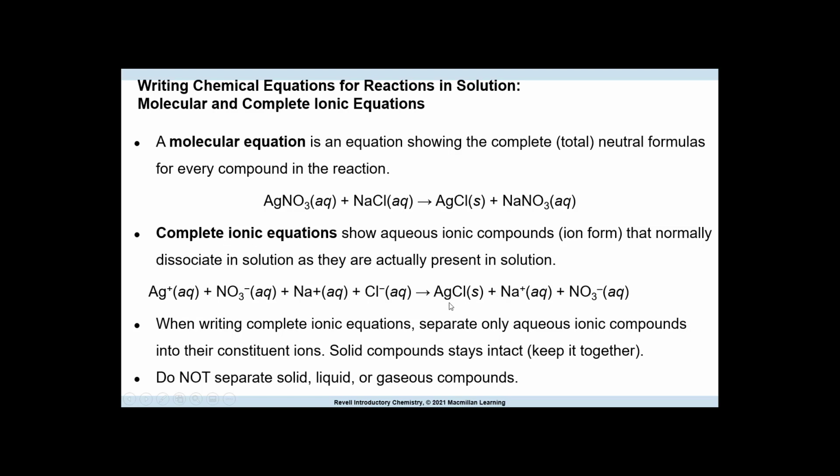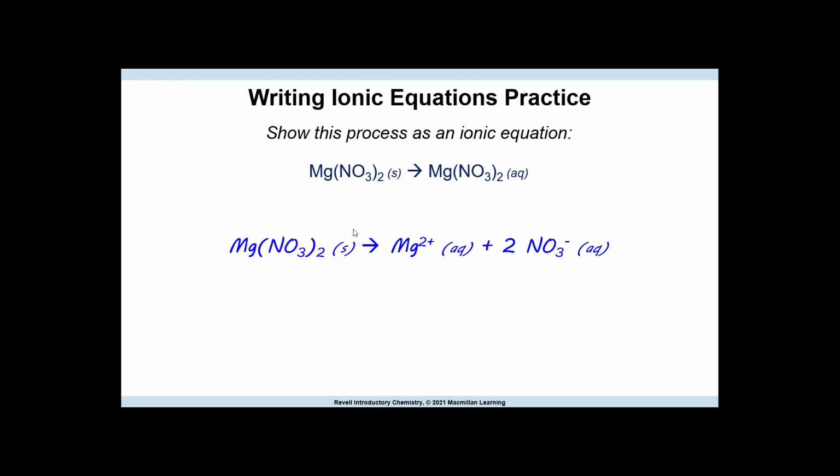We see that we have silver chloride as a solid, which we leave, and then anything else is ions. So you need to understand the definition of what is molecular and what that involves, and ionic. And the word ionic is in there, but is it complete ionic? We're going to go into another type of ionic, which is net ionic, and I'll cover that later.